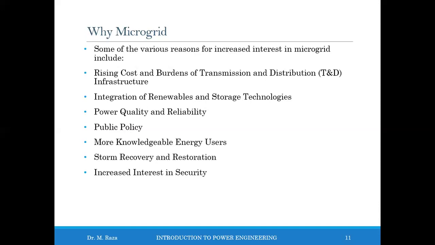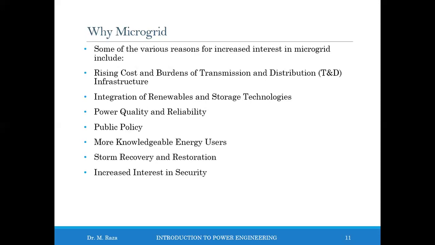Public policy is also a driving force for microgrid development. In a full reversal from the past, public policy today is favorable to distributed generation that offers improved efficiency, lower emission, enhanced power system security, and other benefits of national interest.